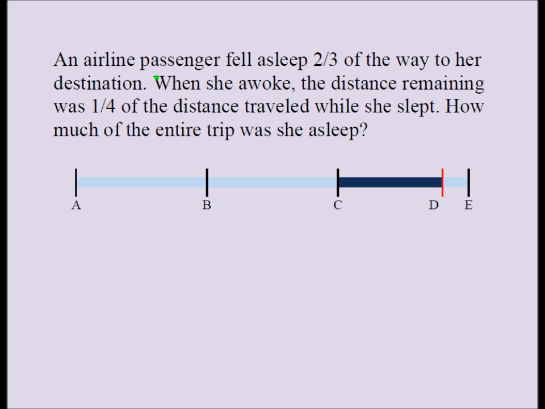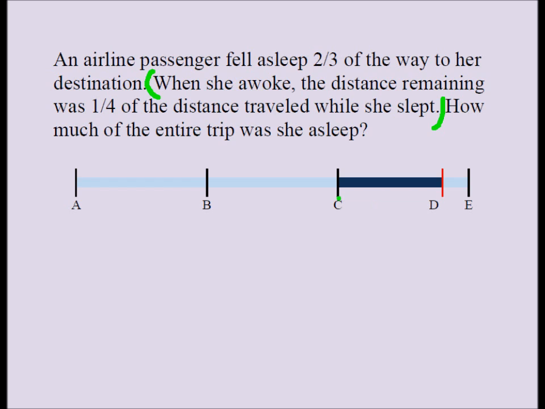So let's read this part of the question very carefully. When she awoke, at point D, she woke up. When she awoke, the distance remaining, this distance, the light blue between D and E, was 1/4 of the distance traveled while she slept.